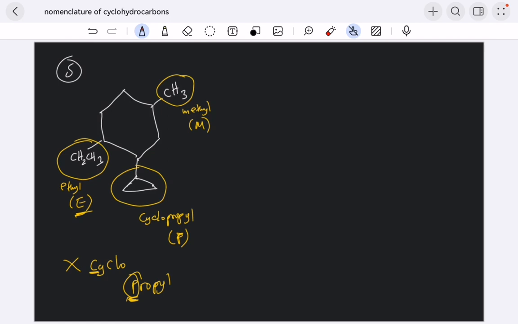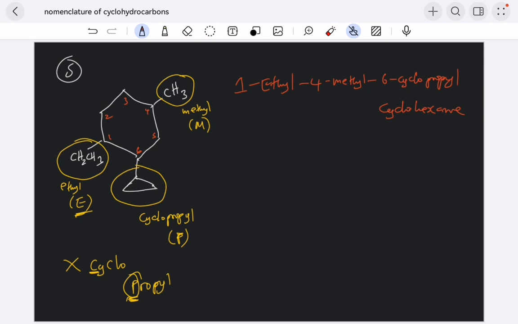And this will be 1, 2, 3, 4, 5, 6. So this will be called 1-ethyl, then 4-methyl, then 6-cyclopropyl, then the parent name is cyclohexane.